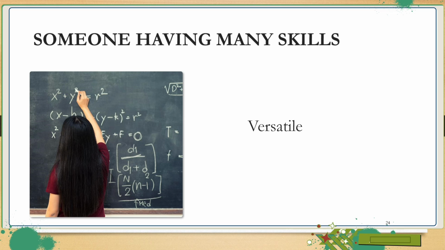The same is the case for a person who has heaps of skills and can do or pose himself at any moment because of those skills. You can simply mention that person as versatile. It's a good word actually. You should use it in your vocab, in your day-to-day life, if you happen to be in such a position. So versatile is used for someone who has many skills.